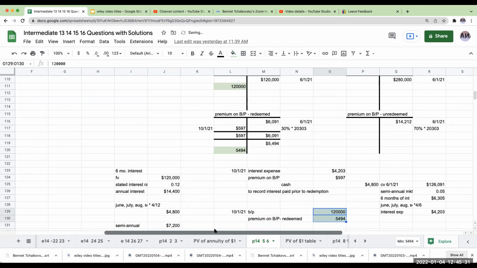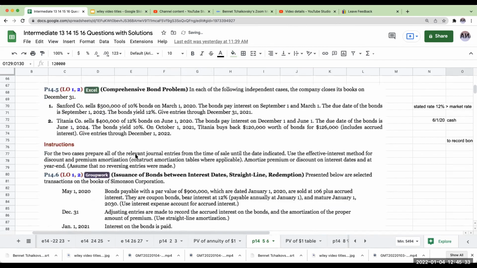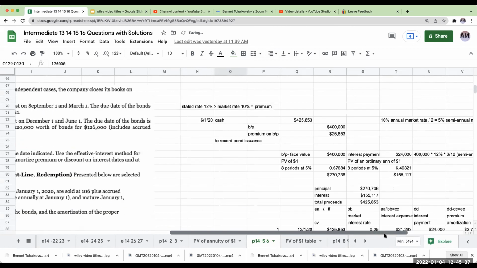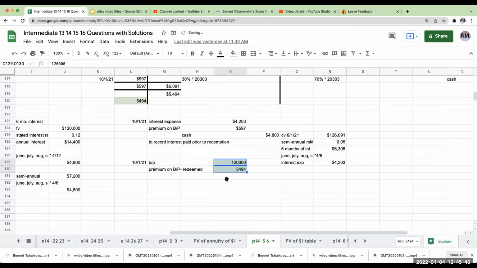Now, the fun part is, how much cash did I pay out? I paid out cash of 126,000. But this included accrued interest. The amount I paid for the accrued interest was 4,800.